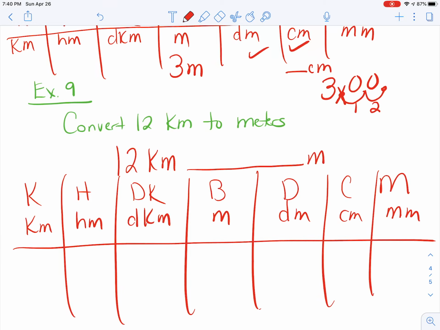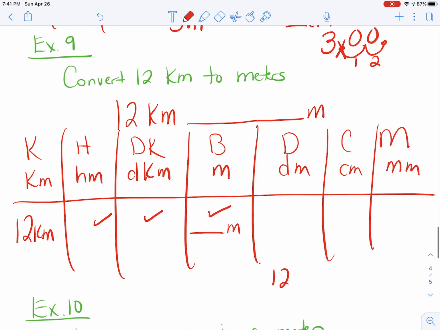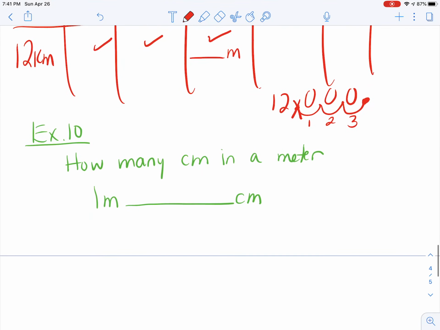Remember, the more I do this, just the better I get. So I'm starting with 12 kilometers and I'm going to meters. 1, 2, 3 places to the right. 1, 2, 3. My decimal's no longer there. It's there. So I fill in with 3 zeros. I can either put my decimal or not. In that case, it doesn't matter.